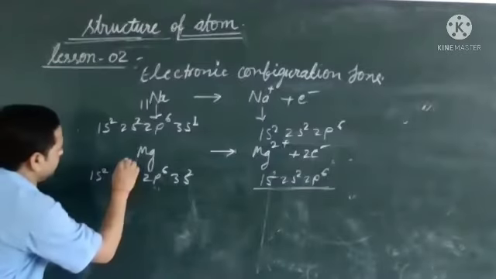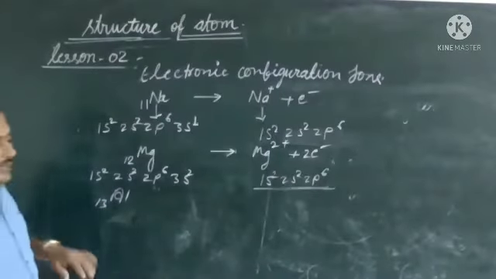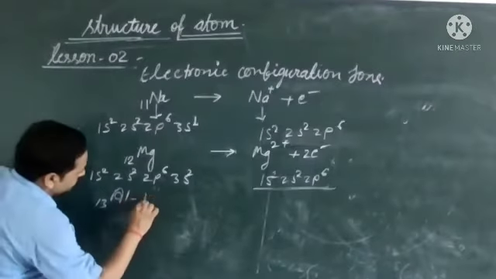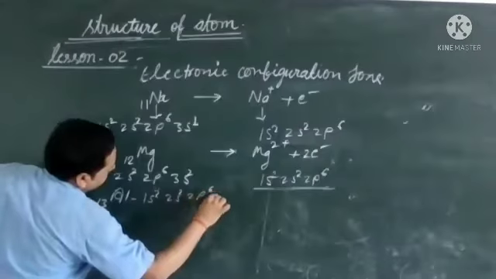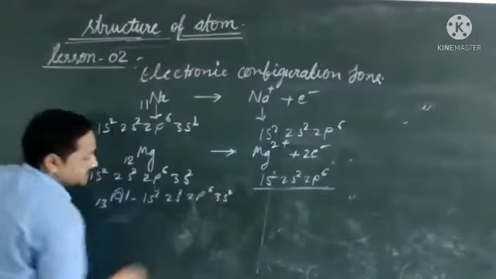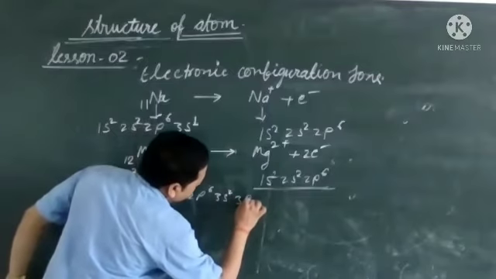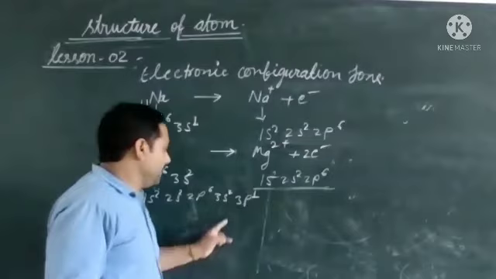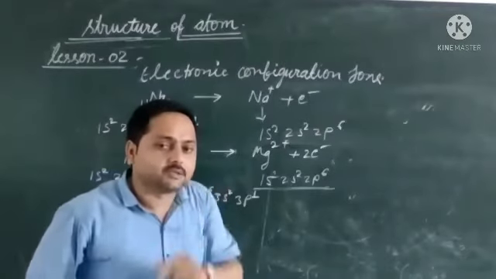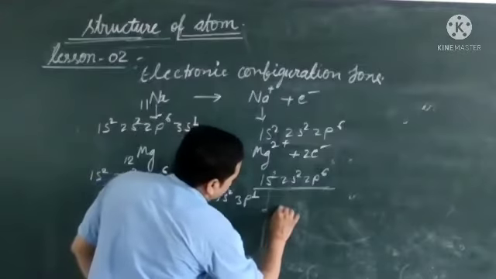So the electronic configuration we will write: 1s2, 2s2, 2p6, 3s2, and 3p1 is left. But if aluminium loses 3 electrons, it will change.